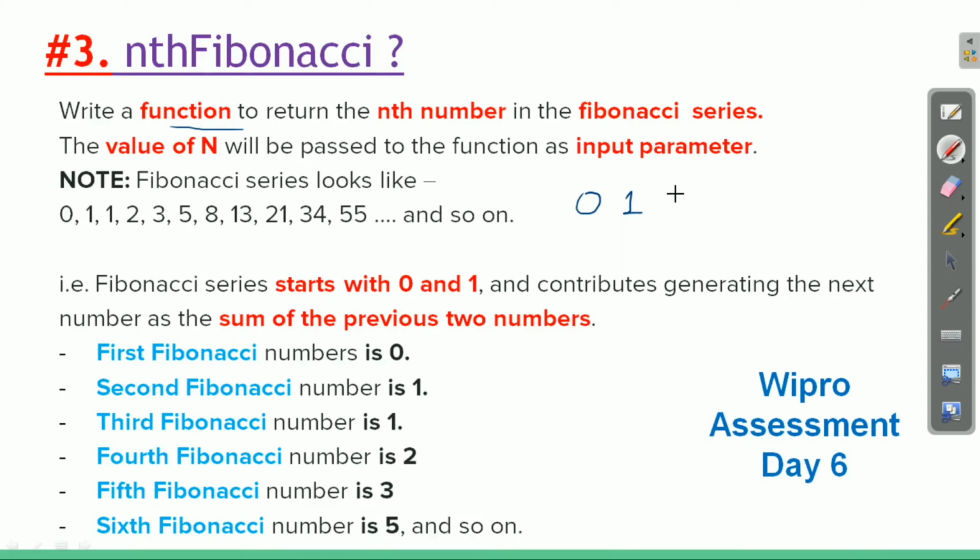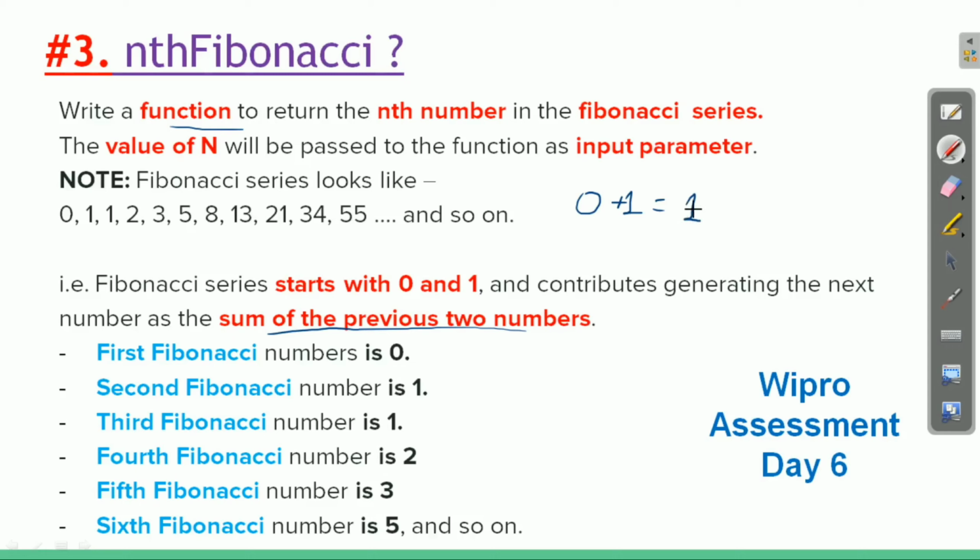After that, the third number is the sum of the previous two numbers, meaning 0 plus 1 equals 1, which is the third number of the Fibonacci series.